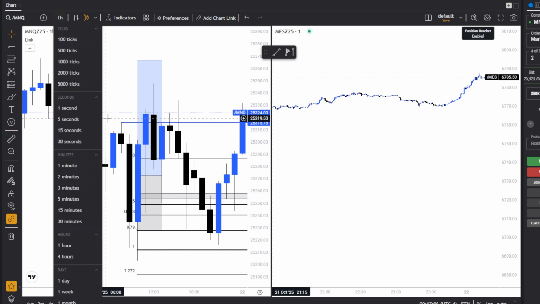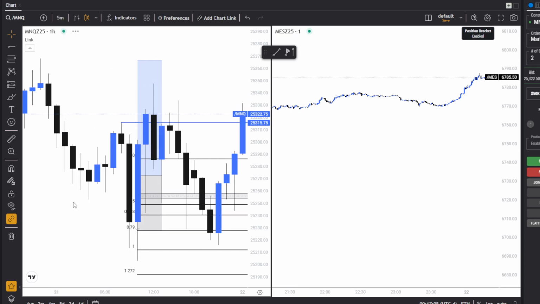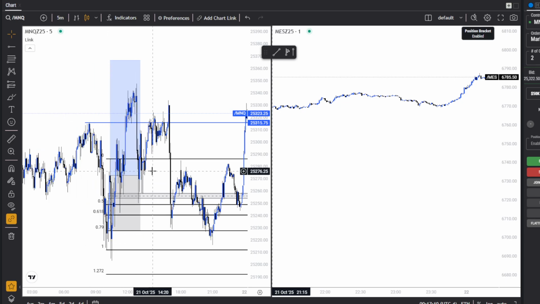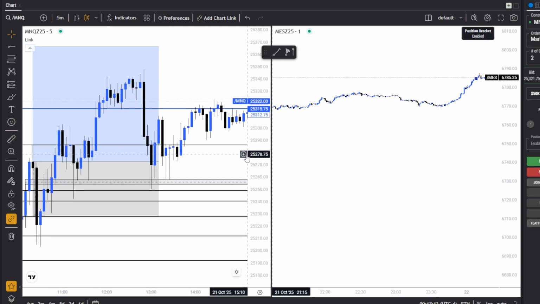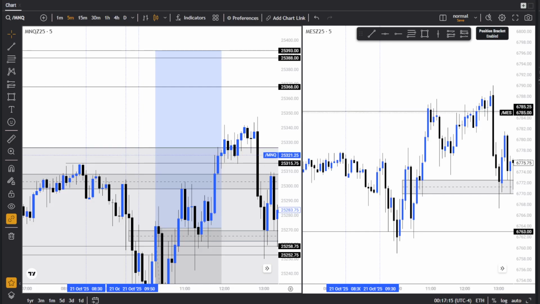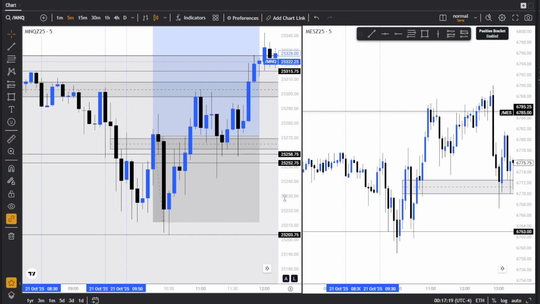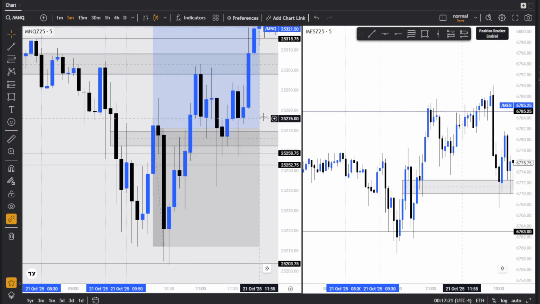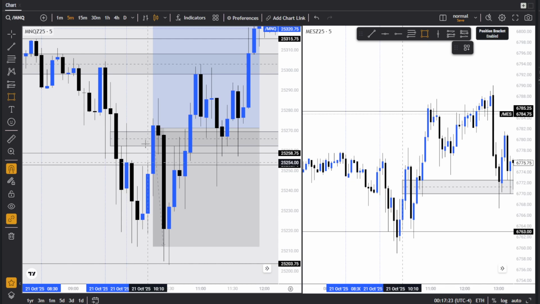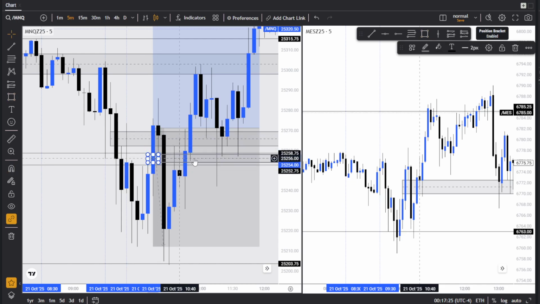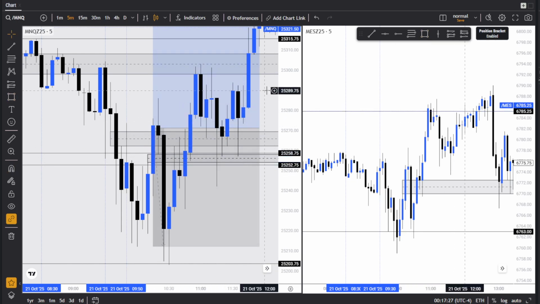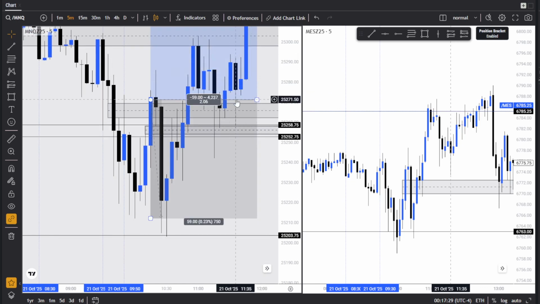Here's the thing. Here's where I made my mistake. And you know what? I'm willing to do it again because honestly, this follows my trading plan fairly well. Okay. I went in with low leverage.